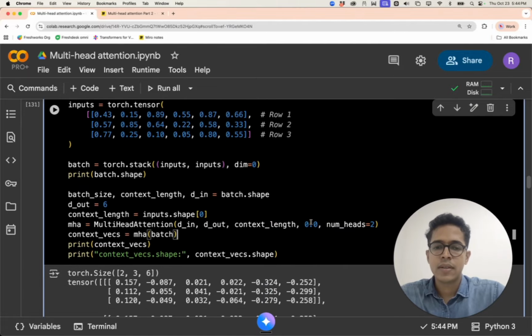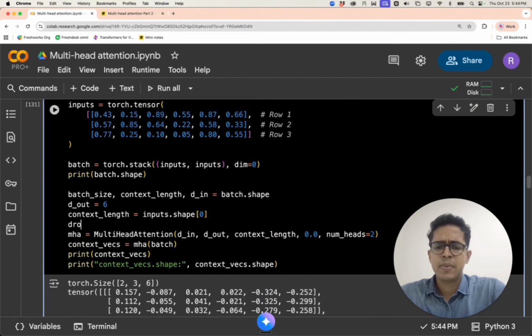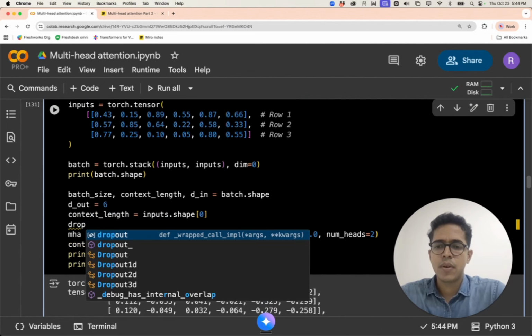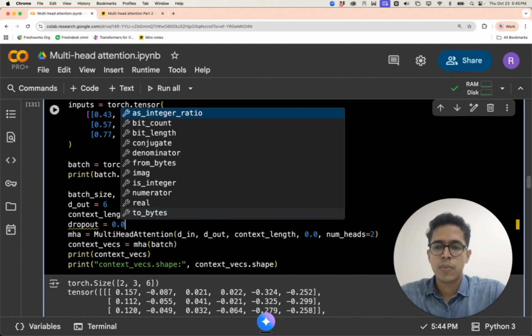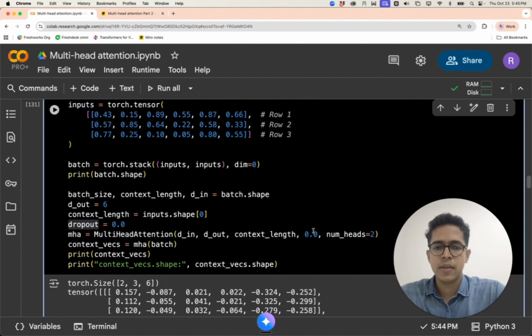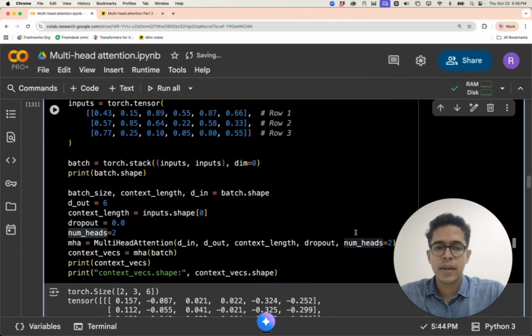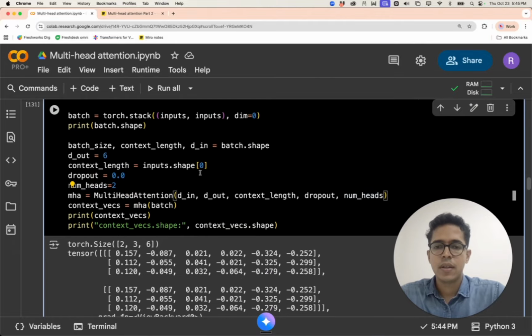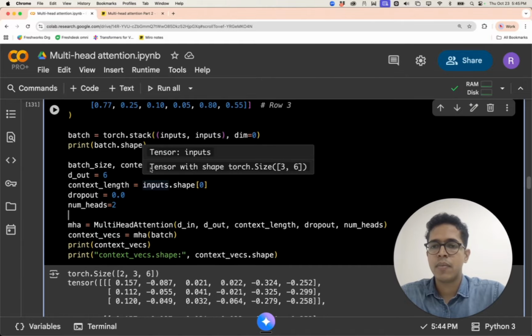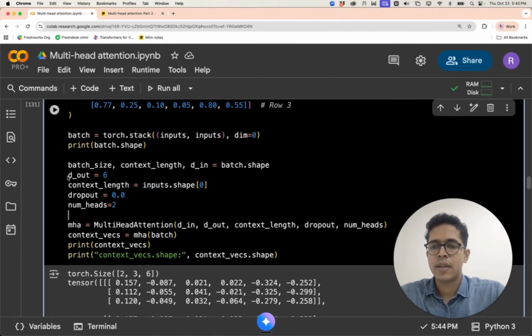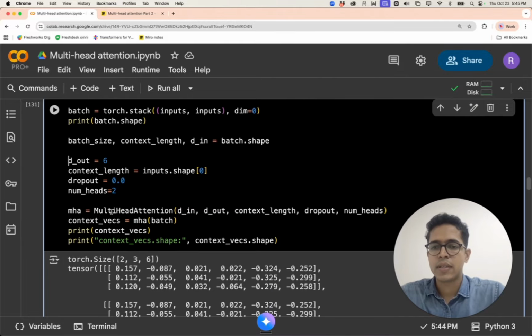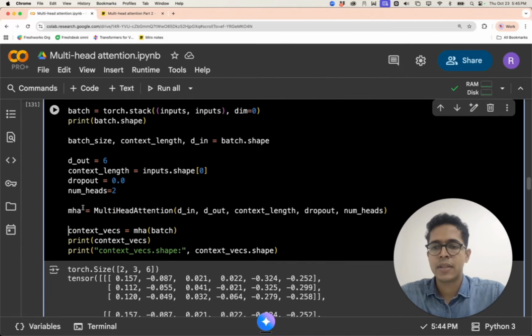The 0.0 is the probability of dropout, which perhaps I can just say dropout equal to 0.0, and then I can simply pass this here. And I can say number of heads equal to 2, and pass this here. That will be cleaner. So I'm defining a bunch of items here: d_out, context_length, dropout, etc. And then I'm defining the multi-head attention object.